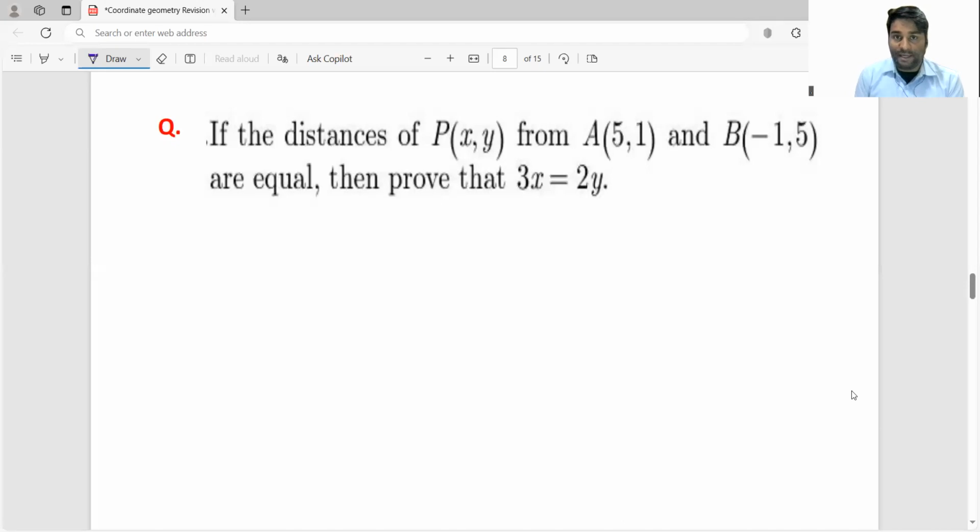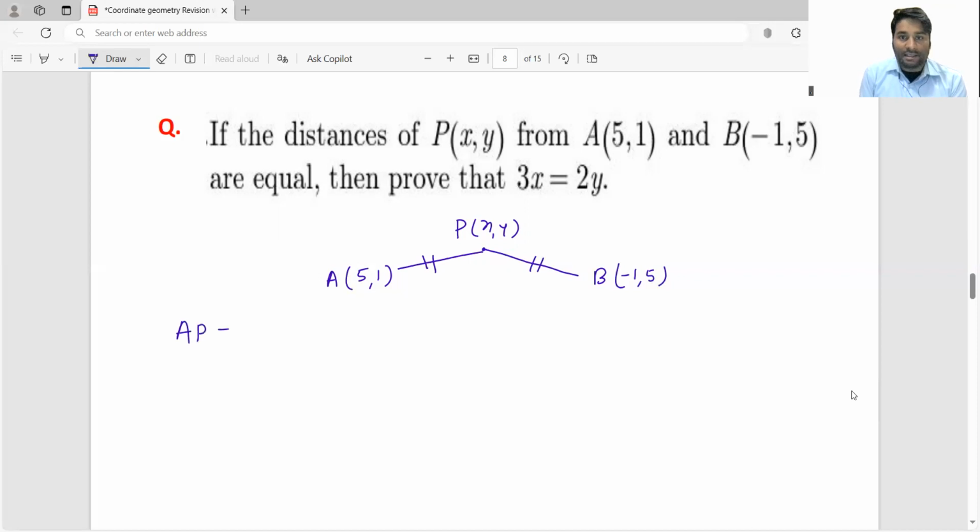Given point P (x, y), its distance from A (5, 1) is equal to its distance from B (-1, 5). That means AP is equal to BP.